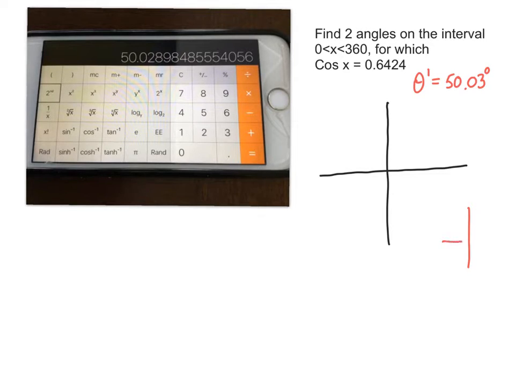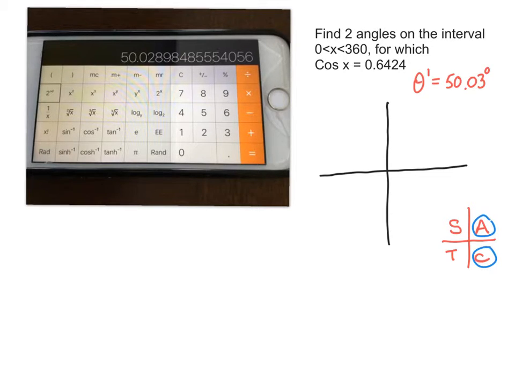And we know that in the first quadrant everything's positive. Sine only in quadrant 2, tangent only in quadrant 3, and cosine in quadrant 4. So for this one, we're going to look at these two quadrants here, where cosine must be positive.